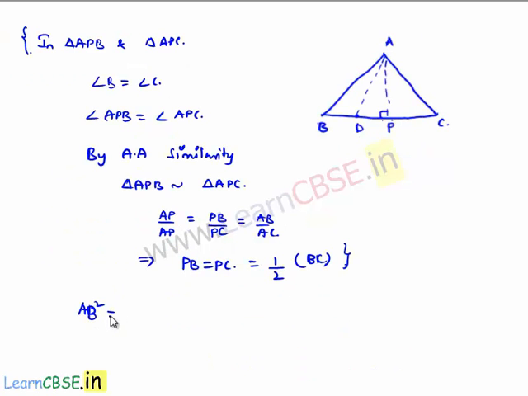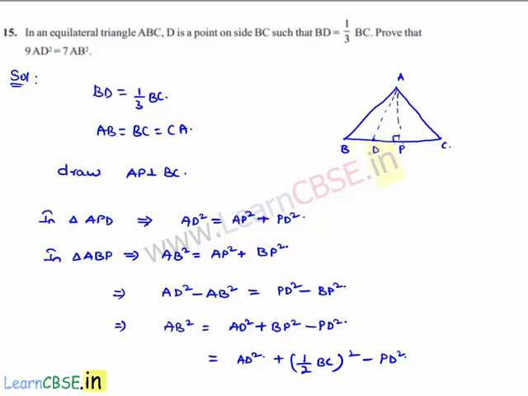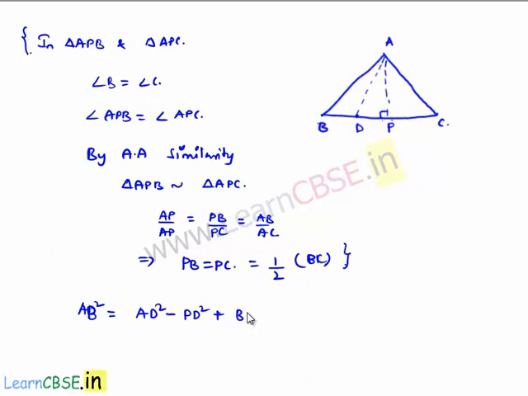Then the equation becomes AB square is equal to AD square minus PD square plus BC square by 4, which implies AB square is equal to AD square minus, here we can write PD as BP minus BD whole square.